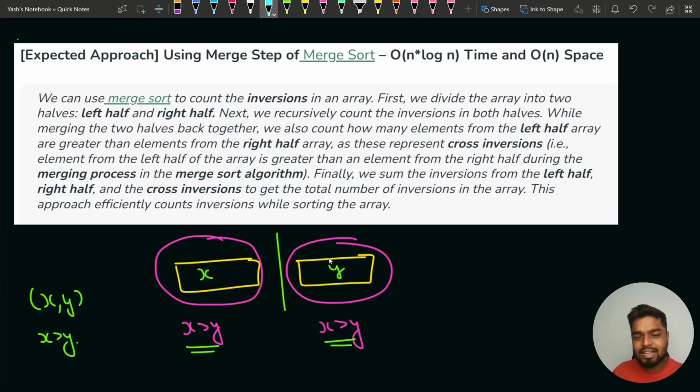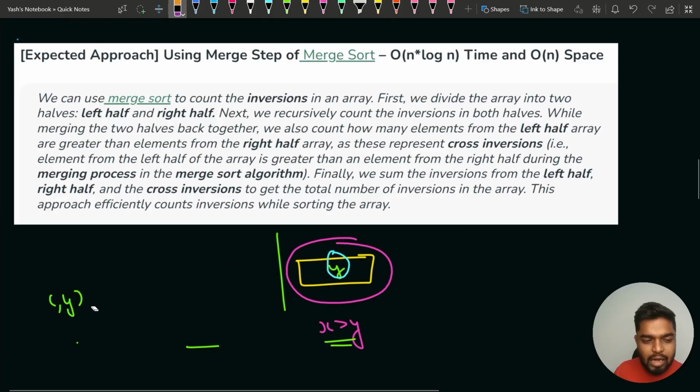So in terms of implementation, in the merge function that we used to write, we have to make some manipulations so that we can count the pairs where x lies in the left half and y lies in the right half, because all the other pairs where x and y are in the same half will be counted using the smaller problem.